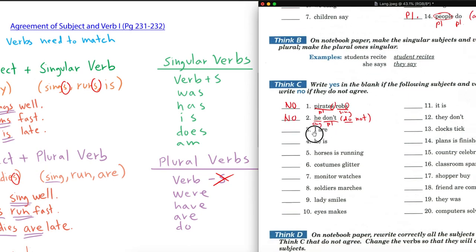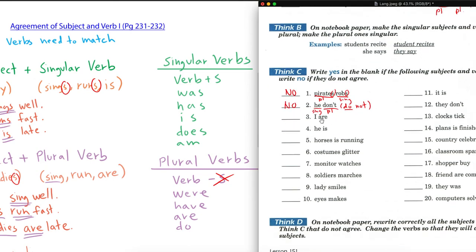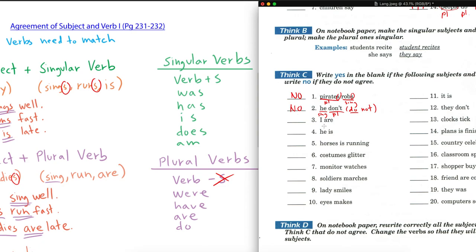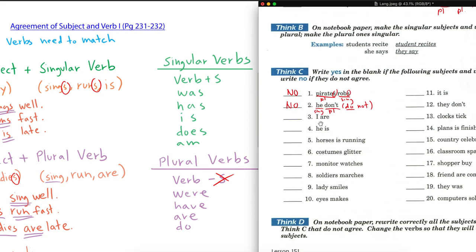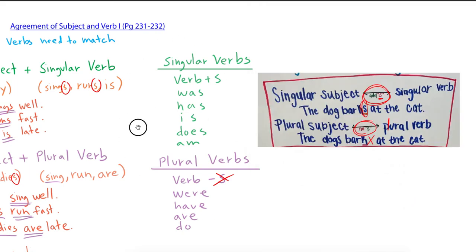It does not agree. We're looking for a singular subject with a singular verb and a plural subject with a plural verb. So let's do number 3, the last one, together. "I" is singular, and "are" is plural, right? So again, this does not match. All right, so let's look at my list here. This list should help you.